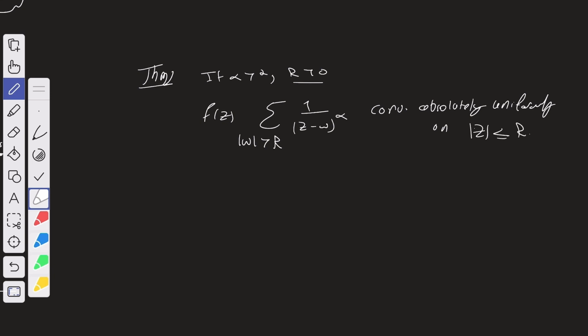Like for every z with |z| less than or equal to r, this is an absolutely uniformly convergent series.